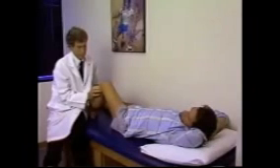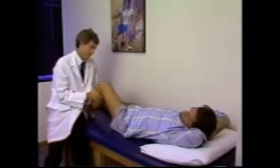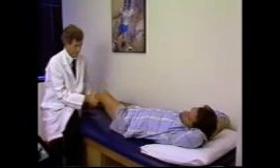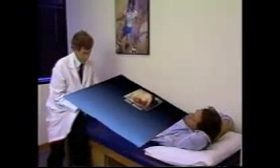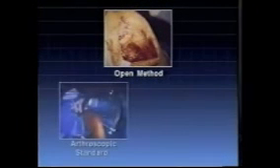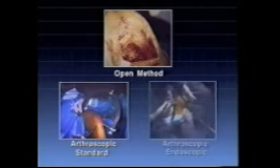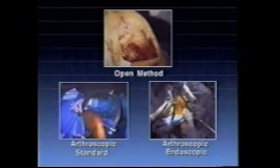Some second-degree injuries can be treated in this manner, which involves bracing the knee and beginning rehabilitation 1 to 2 days after injury. A third-degree injury will usually require one of the surgical options. For ACL reconstruction, these primarily include the open method, the arthroscopic standard method, and the arthroscopic endoscopic method.